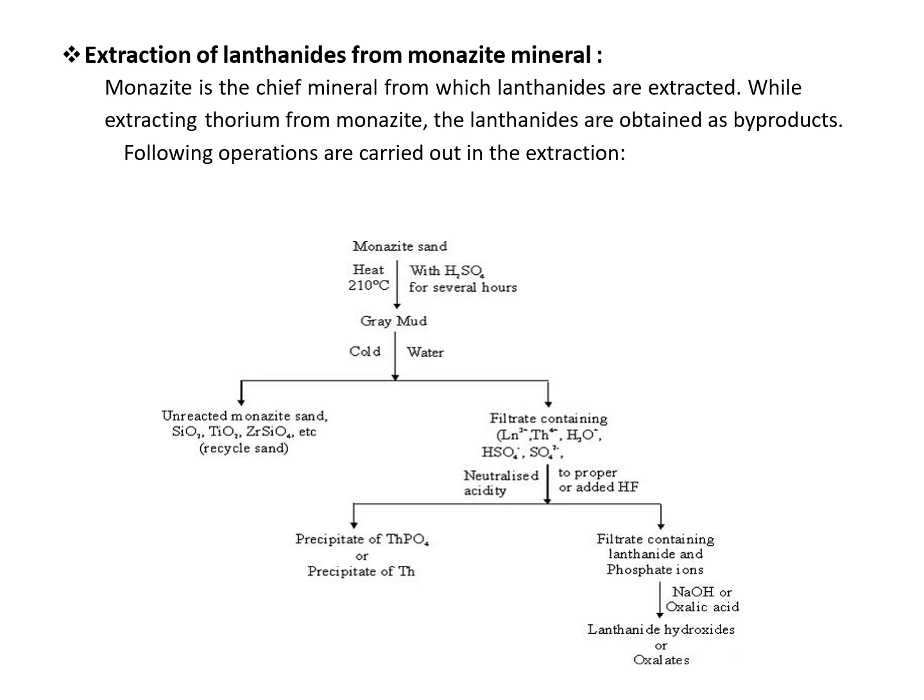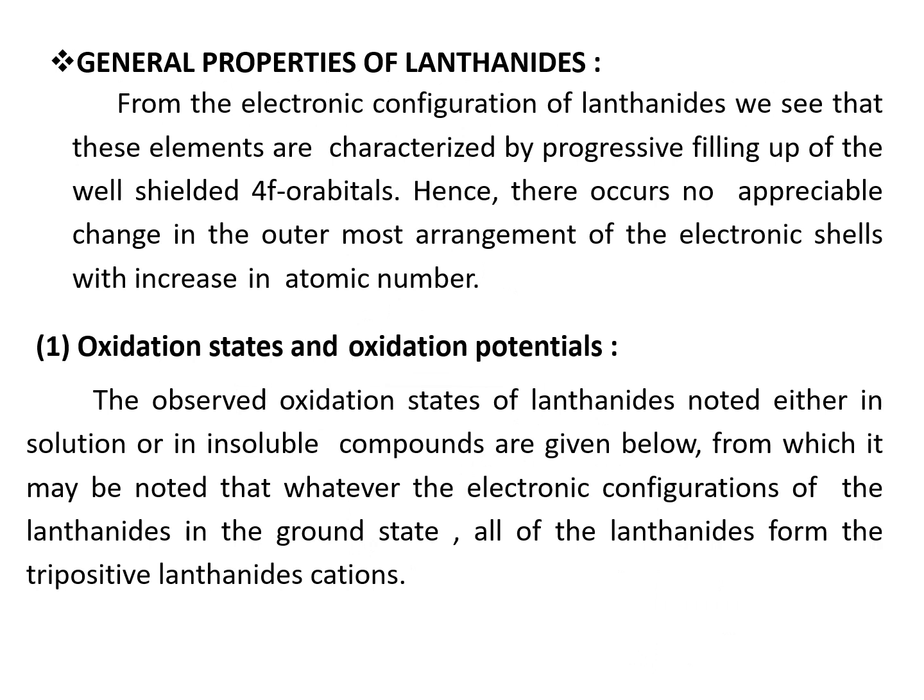It is neutralized and HF is added, then filtered to form lanthanide and phosphate ions. The lanthanide ions are treated with sodium hydroxide or oxalic acid to form the lanthanide hydroxide or oxalate.